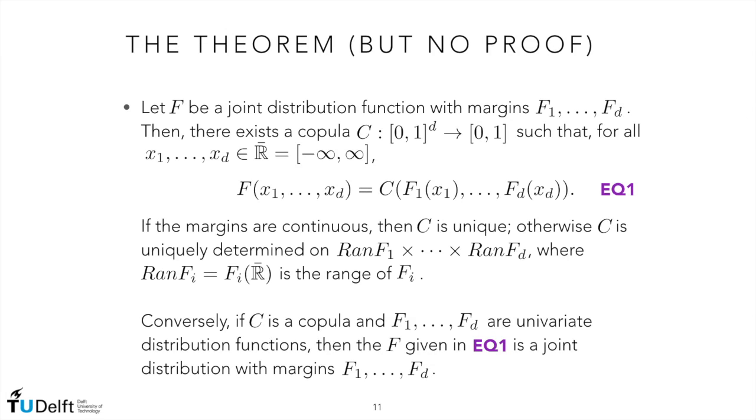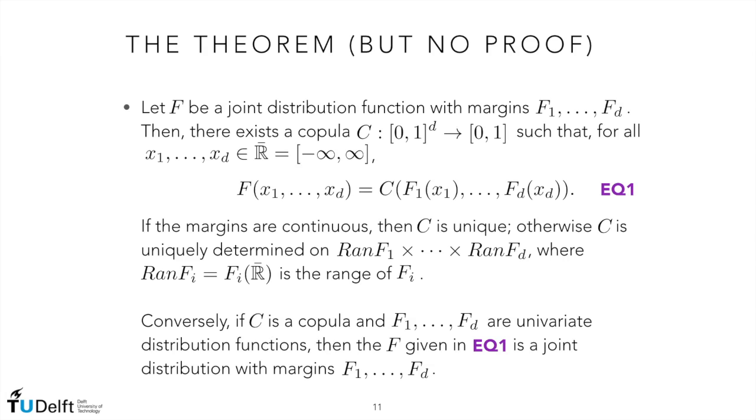On your screen, you can read the text of Sklar's theorem. We do not prove it. The summary of the theorem is: every joint distribution has a copula representation. If the marginal distributions are continuous, then this representation is unique. In other words, there exists only one copula function that can represent the dependence structure.